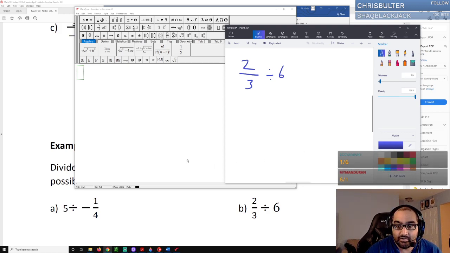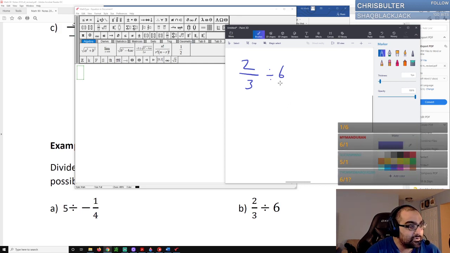All right, 6 over 1 is correct, right? So we're going to rewrite it as 6 over 1. So we're going to have 2/3 divided by 6 over 1. Now we want to change this over; you got the reciprocal right there.